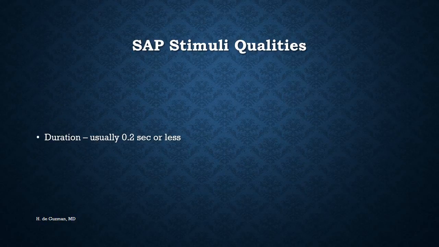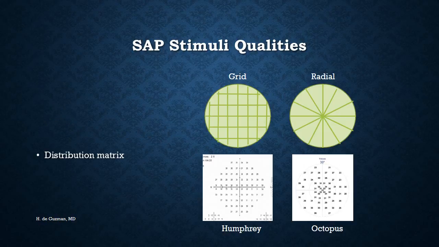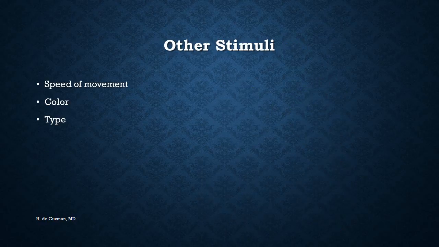The duration of an SAP stimulus is usually 0.2 seconds or less. And the distribution matrix varies depending on the machine. So the Humphrey uses a grid type, while the Octopus uses a radial distribution. The stimuli of other types of subjective perimetry have other features that are not seen in the standard automated perimetry stimuli, such as speed of movement in kinetic perimetry.